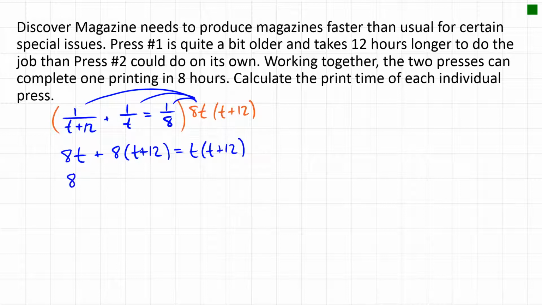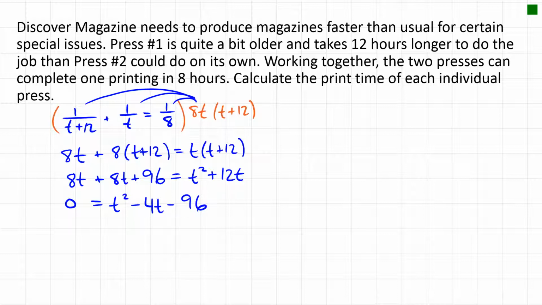So that's 8t, which doesn't need any expanding. 8t plus 8 times 12 is 96, and then t squared plus 12t. Let's move everything over to the left-hand side. So this would be 0 equals t squared, then 12t minus 8t is 4t, and then minus 96.